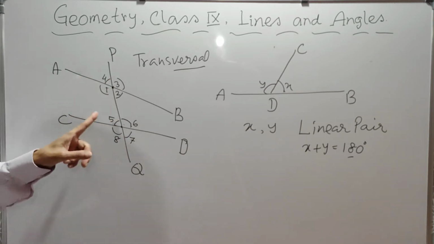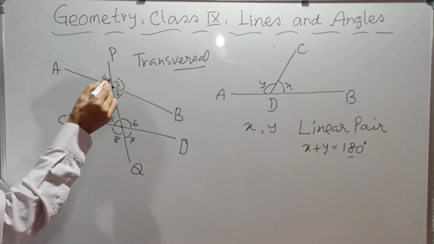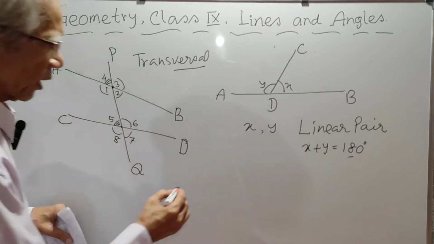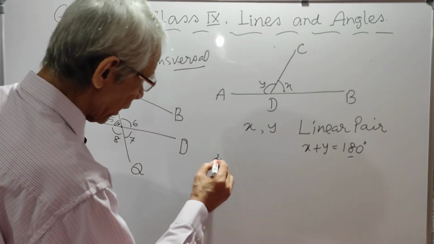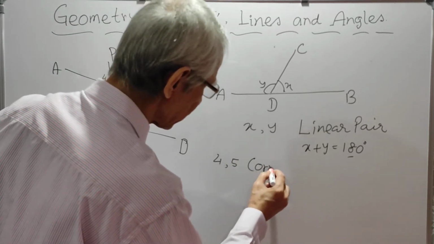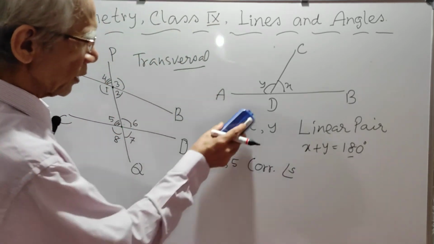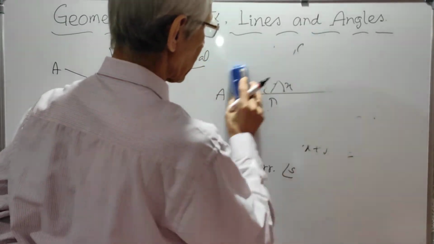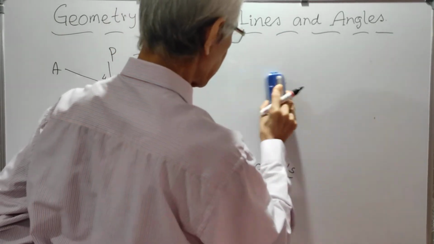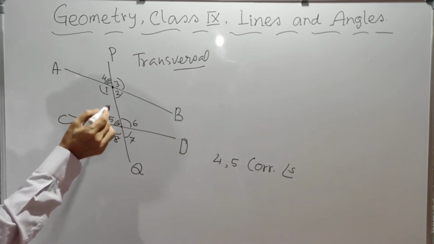So there are 8 angles. Now angle 4 and angle 5 are a pair of corresponding angles. There are 4 pairs of corresponding angles. I have named one pair, this angle and this angle.